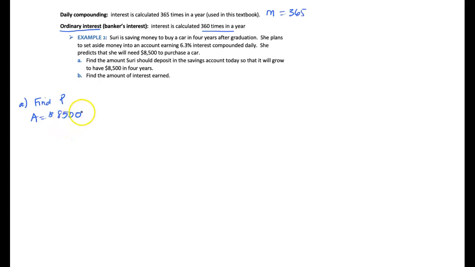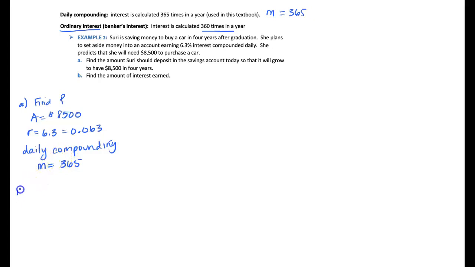Some other information provided is that the interest rate R is 6.3%, which becomes 0.063 as a decimal. And interest is compounded daily. So if we're looking at daily compounding, that ends up telling us that our M is 365 for 365 days in a year.